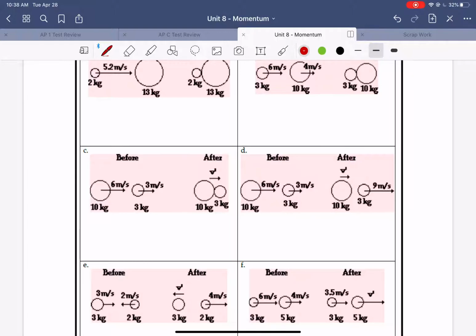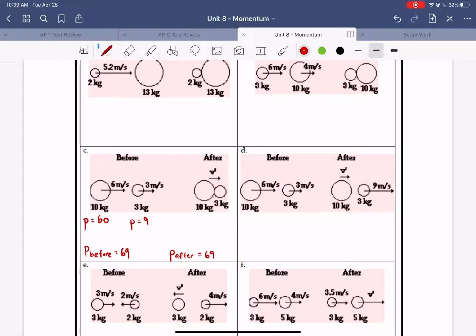So here we have two objects. The first one has a momentum of 10 times 6, mass times velocity, so it would be 60 kilogram meters per second. The second one has a momentum of 9 kilogram meters per second. So the total momentum before the collision will be 69 kilogram meters per second. And that must also be equal to the momentum after the collision.